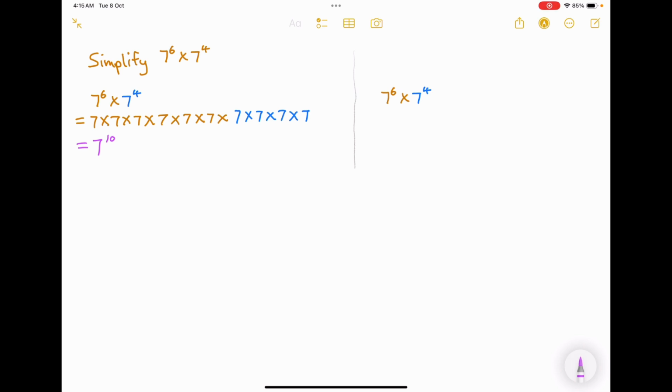Using the same base law. The base is the same. That means we write 7 one time. The first index is 6. The second index is 4. Since 7 appears 10 times, we have to add the index so that we get 7 to the power 10.